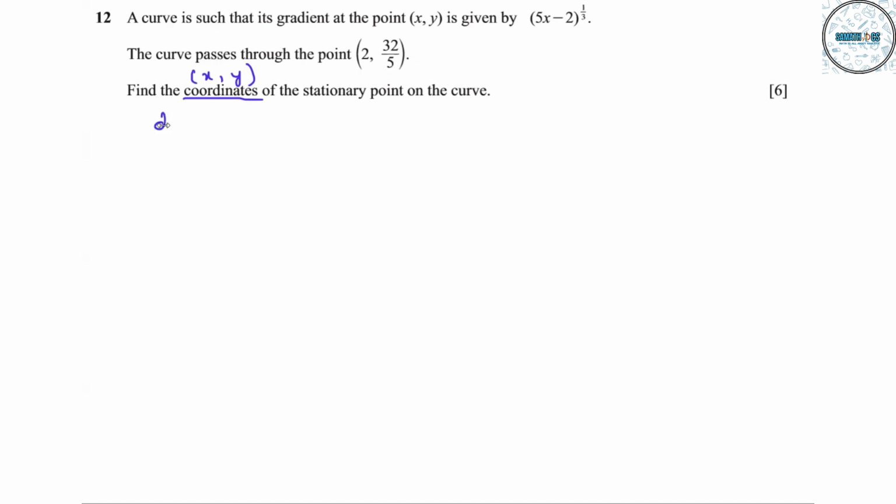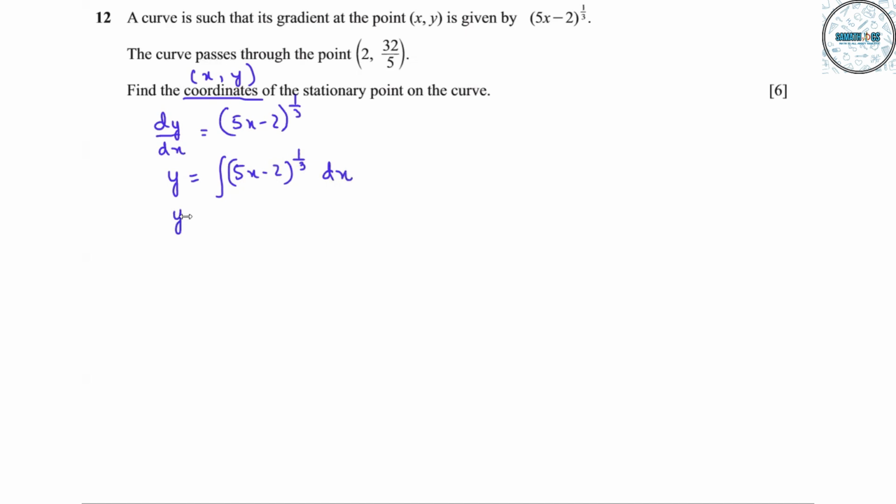We have dy upon dx is equal to 5x minus 2 with power 1 upon 3. So if we have to take out the equation, then y is equal to the integral of 5x minus 2 with power 1 upon 3 dx.